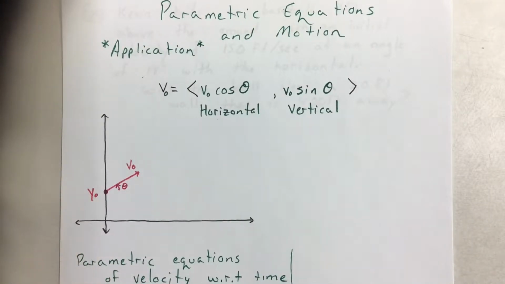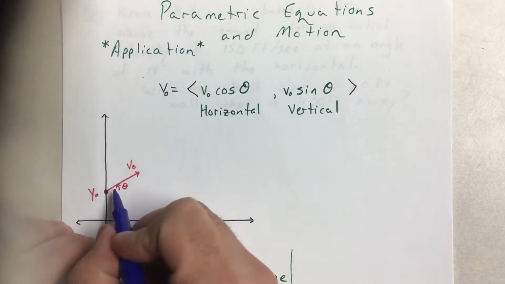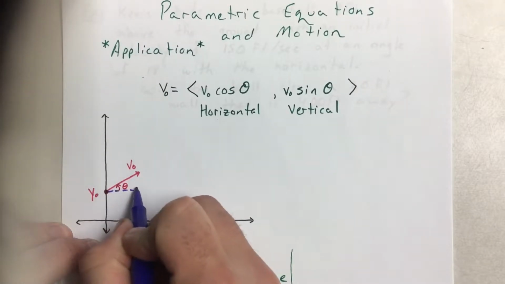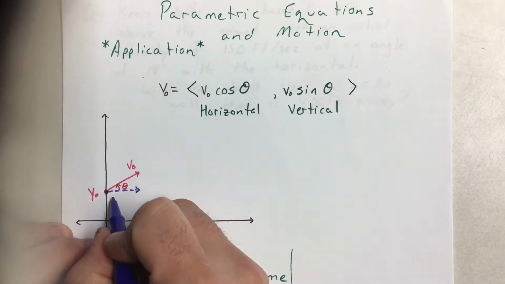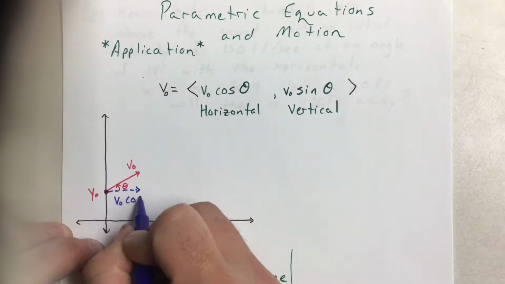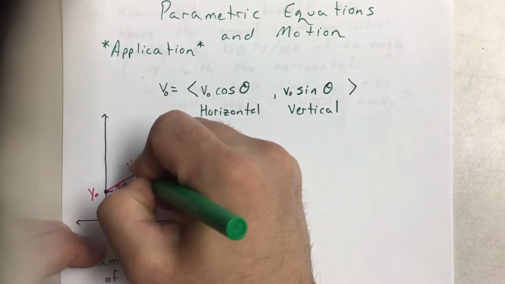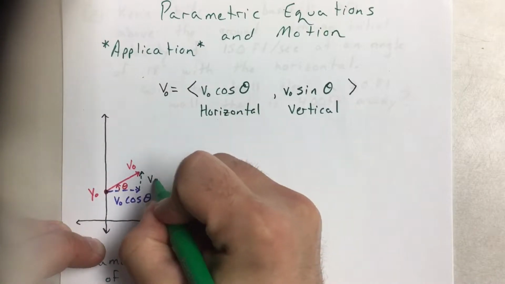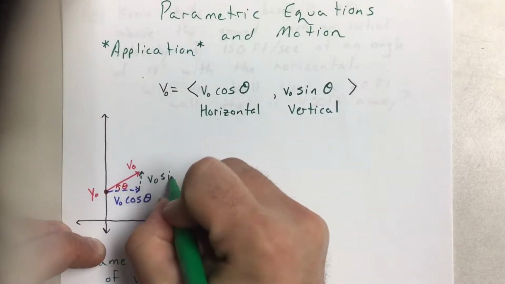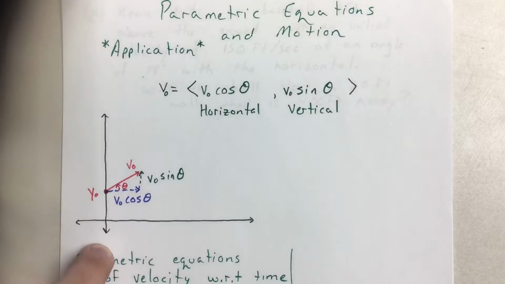We can write that as components: the horizontal component of this velocity would be v sub 0 cosine of theta, and the vertical component would be v sub 0 sine of theta.